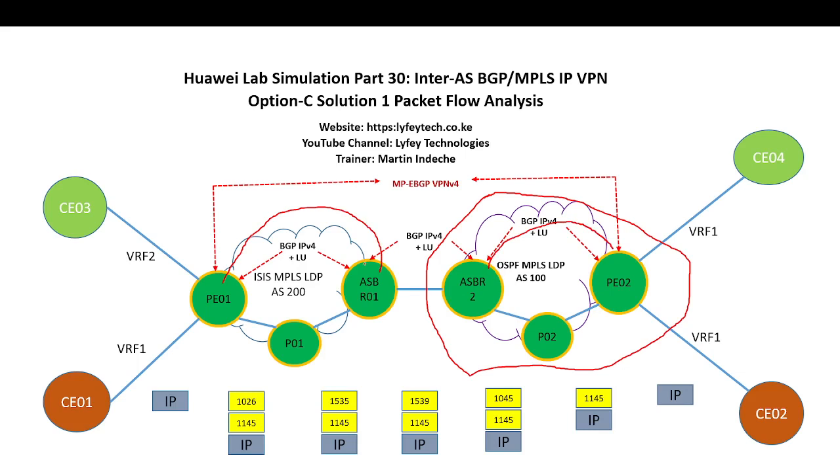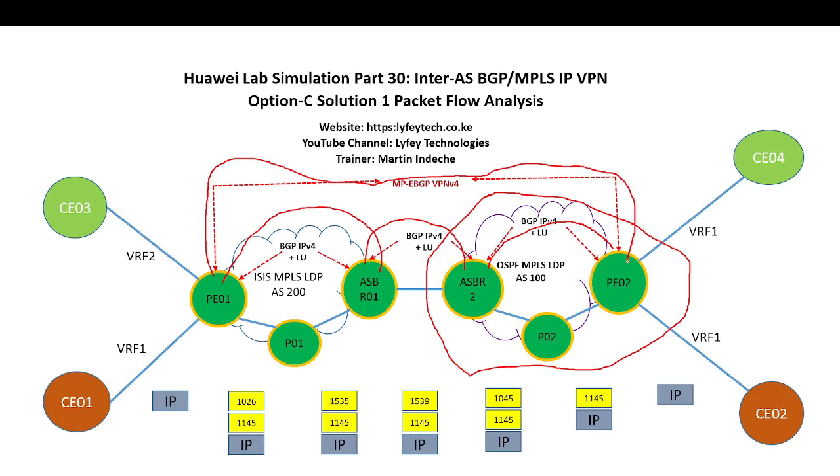We also establish BGP label unicast between the ASBRs so that they are able to assign labels for the routes that are learned via BGP. Between the PEs, remember with option C solution 1, we are establishing VPNv4 peering between the PEs. So that's why we have the MP-eBGP VPNv4 peering between the PE routers.